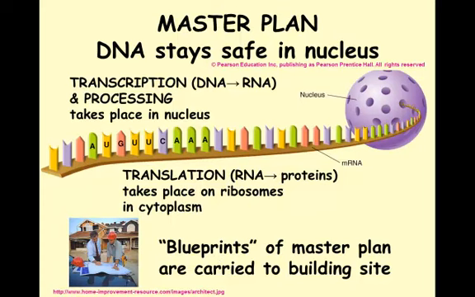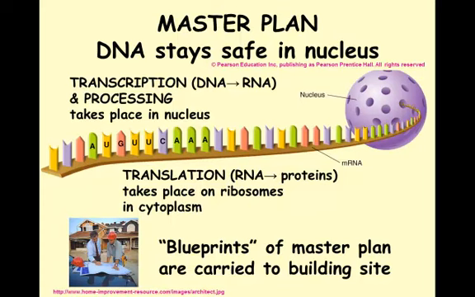Okay, so here's how this works. The DNA is going to stay in the nucleus. That's our master plan. We're going to make a message off the DNA. That's called transcription. DNA to RNA message is transcription. We're going to process, we're going to edit that message a little bit. And this is all going to happen where the DNA is, in the nucleus.